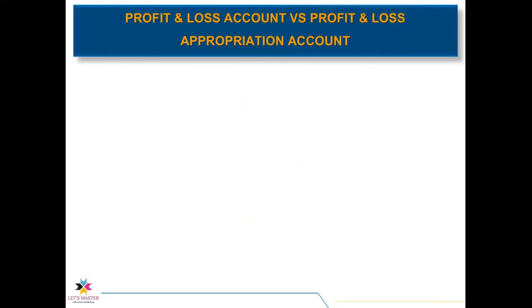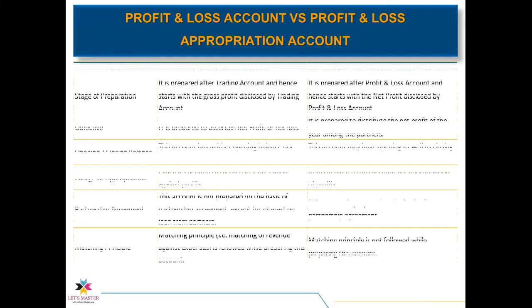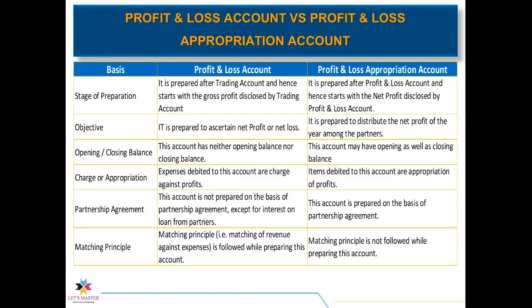Now, let's have a quick comparison between the profit and loss account versus the profit and loss appropriation account. First is the stage of preparation. The profit and loss account is prepared after the trading account and hence starts with the gross profit or loss disclosed by the trading account.